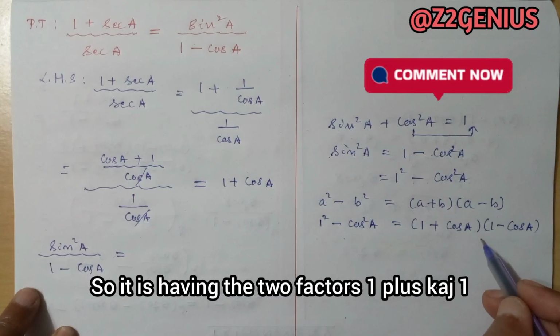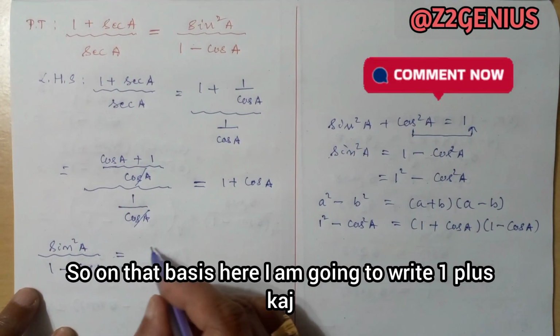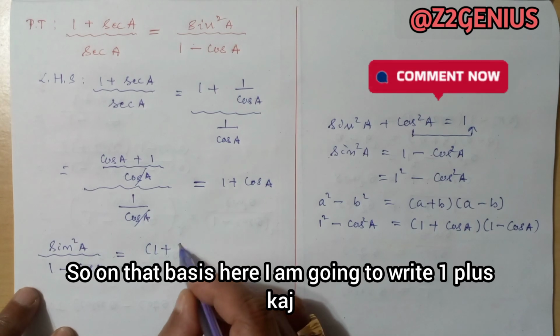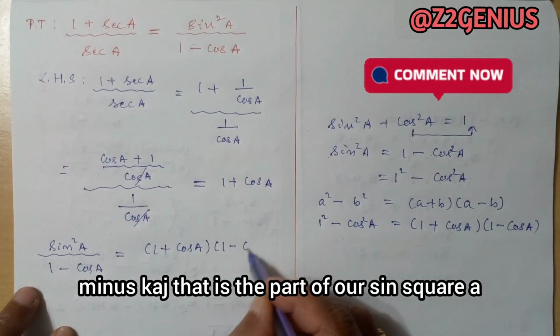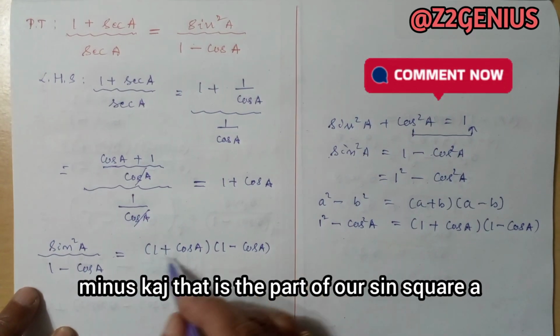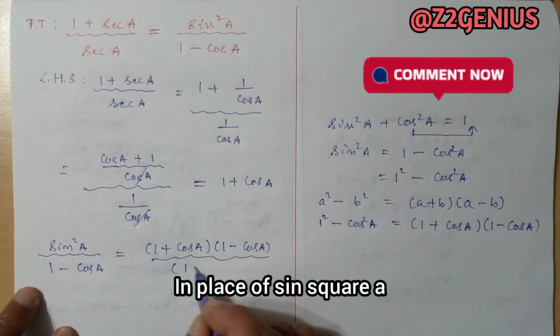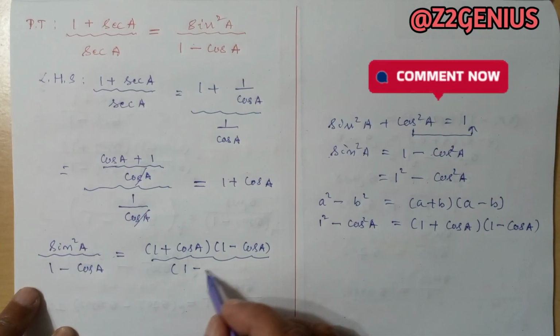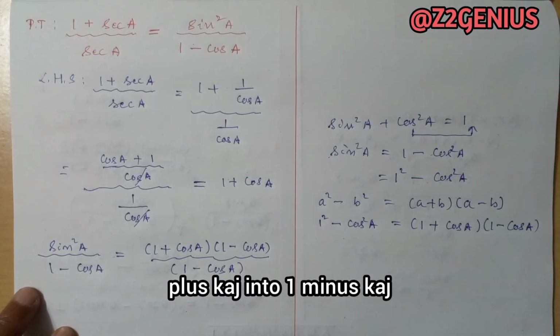In place of sin square A, what I have written is the two factors: (1 plus cos A) into (1 minus cos A).